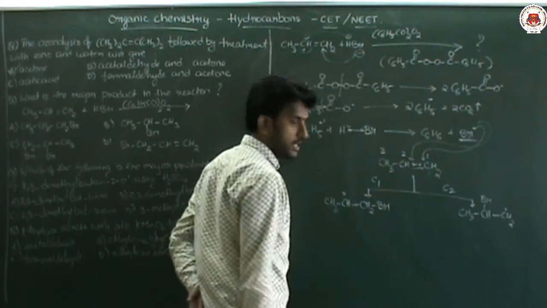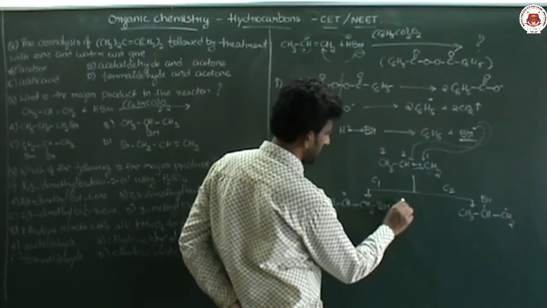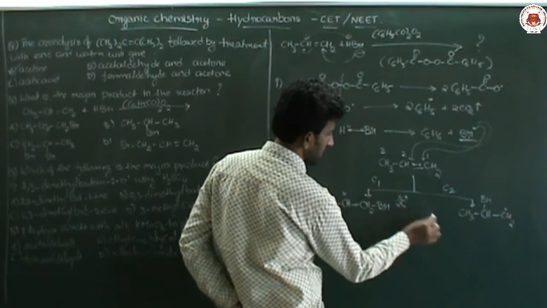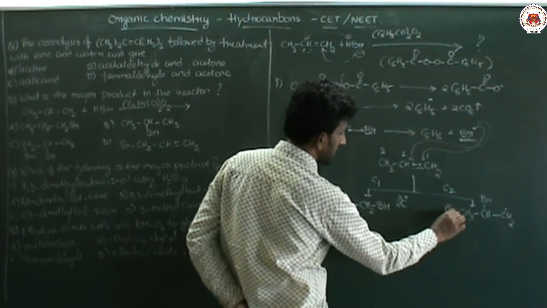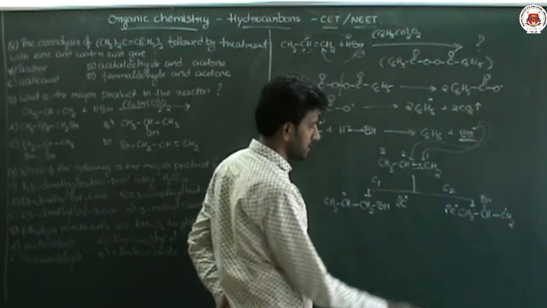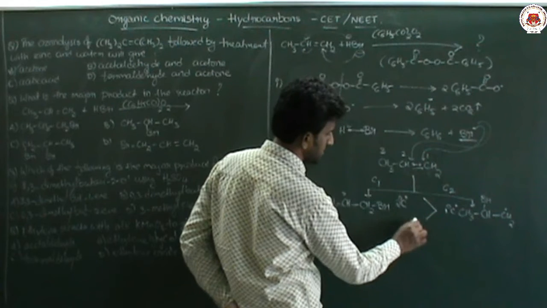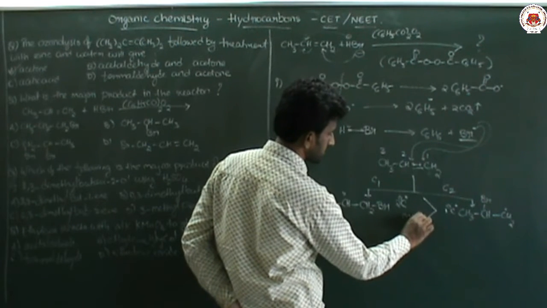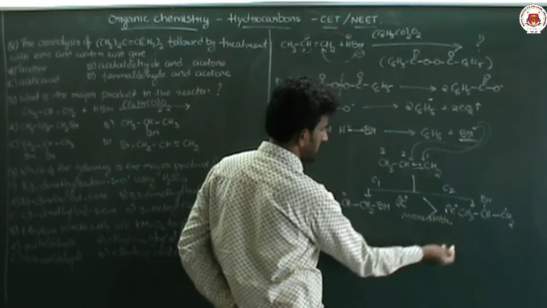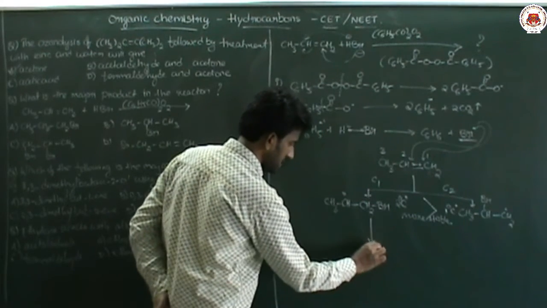Now you know this is the secondary free radical generated, and this is the primary free radical generated. Which is more stable? Secondary free radical is more stable. That's why this is majorly formed.